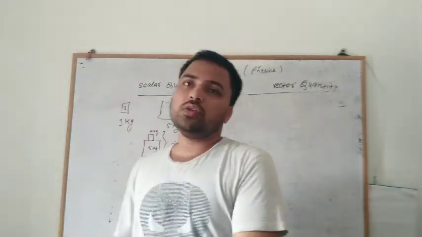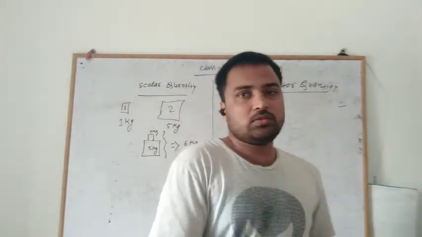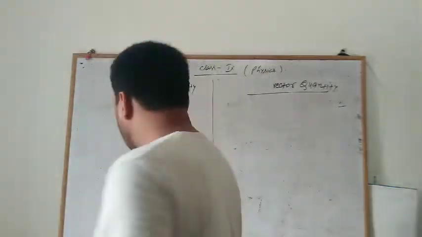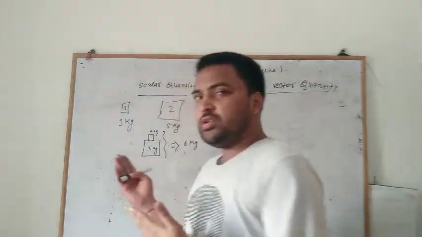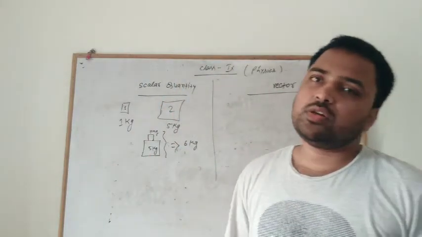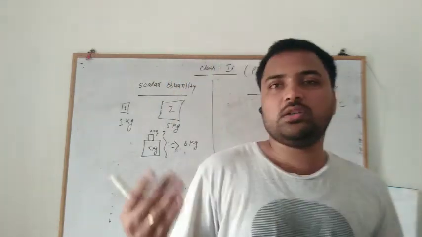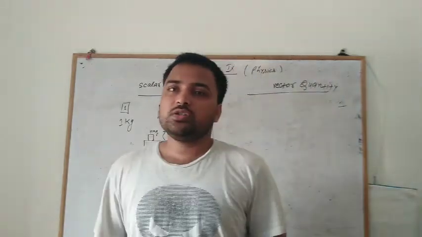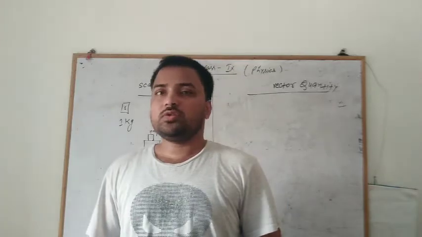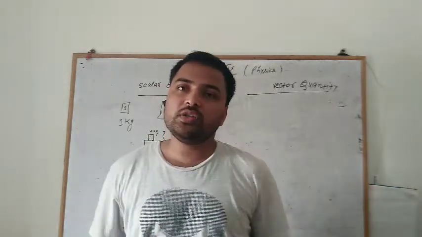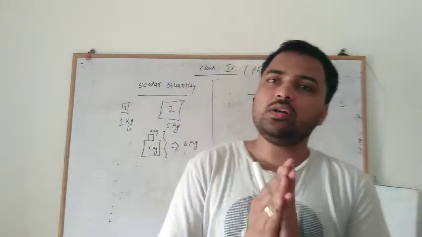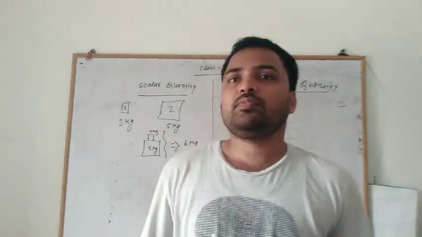It means Ram travels 11 meters in total. That is why it is called a scalar quantity: it has only magnitude, and addition and subtraction are as simple as in mathematics. Magnitudes with similar units are simply added or subtracted.